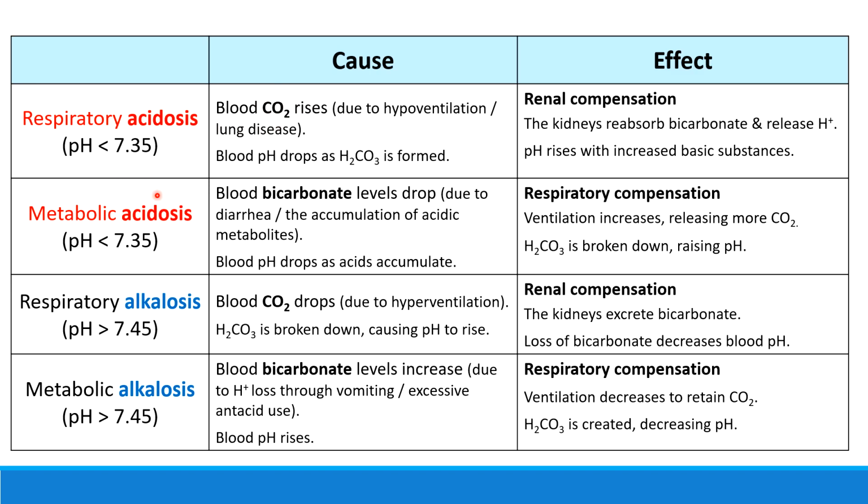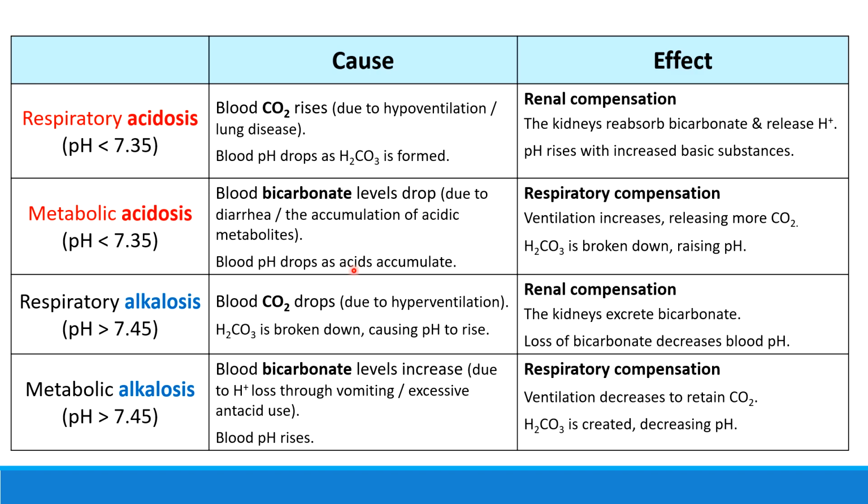In metabolic acidosis, my tip-off is going to be looking at the bicarbonate ions. When I'm in metabolic acidosis, my bicarbonate levels in the blood are exceedingly low. So they've dropped down either because I've lost all of my bicarbonate through something like diarrhea, or because there's an accumulation of a lot of acidic metabolites like lactic acid or those kinds of things in the body.